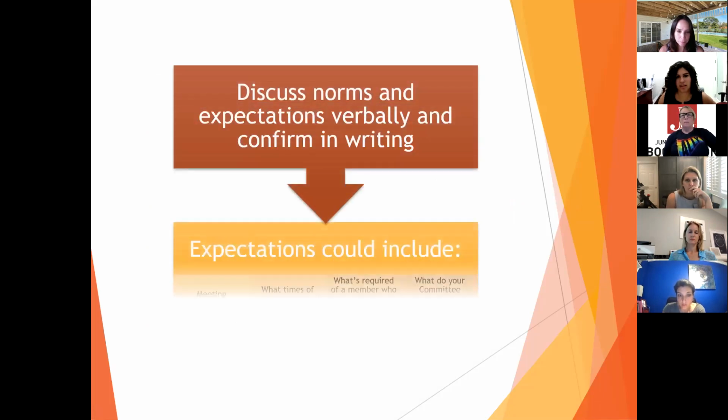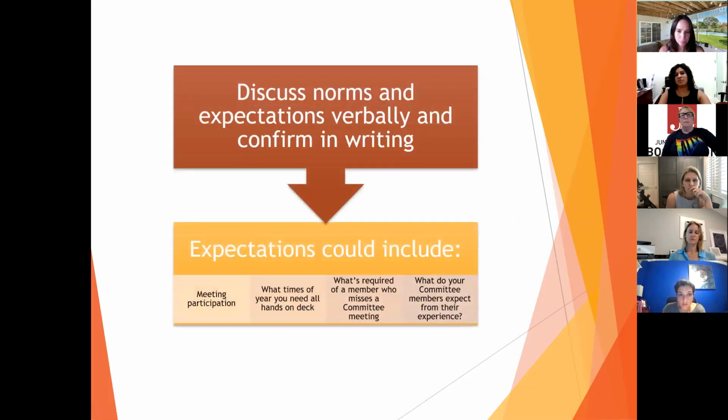Next, we're going to go back to the norms that we were discussing. So discuss norms and expectations. Set your expectations really early in your meeting. You have committee members, let them know what your expectations of them are. Always tell them you expect meeting participation because you're all together.